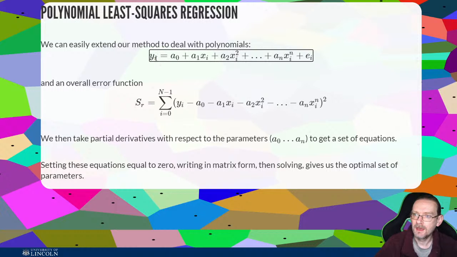I've got n values labelled by this ith index, and they should be related to the measured x value by intercept, slope, but then these other coefficients, which give the coefficient of the polynomial term of degree n. We start with a0, and we could think of this as x to the power 0, then a1 x to the power 1, a2 x to the power 2. And again, we've got an error at the end.